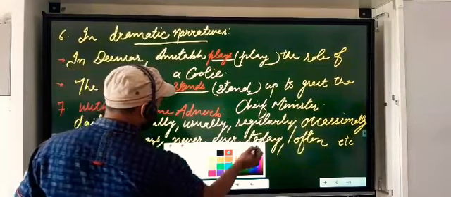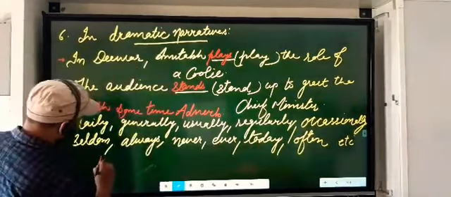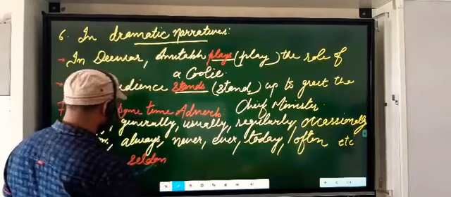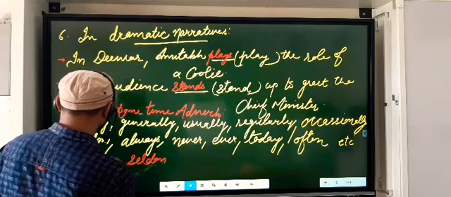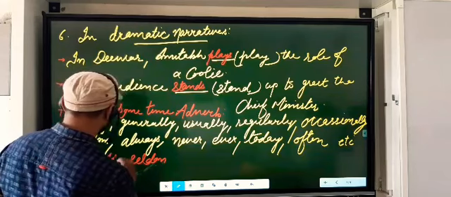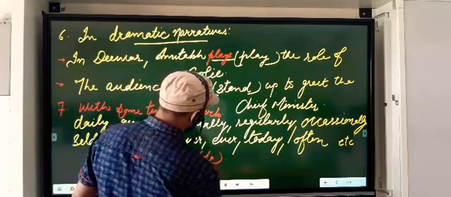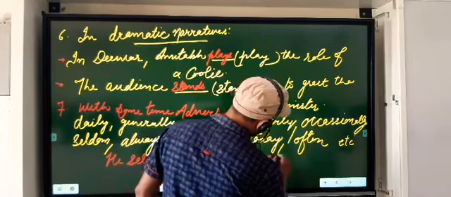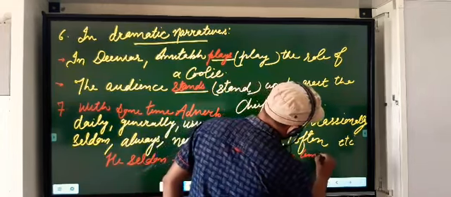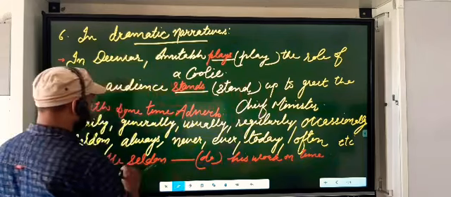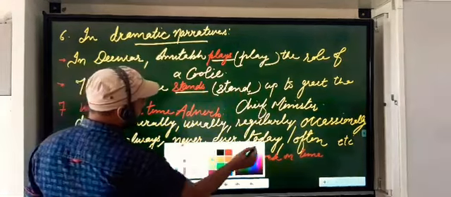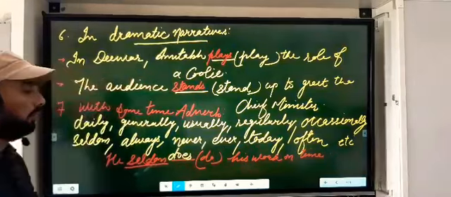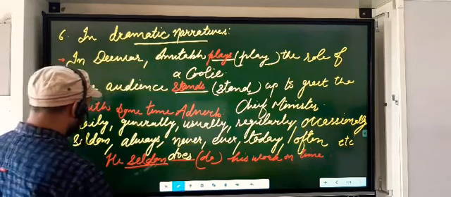We take some examples. He seldom does his work on time. तो टाइम एडवर्ब आई है, we use present indefinite tense. Here the subject is singular, he does his work on time. One more example.